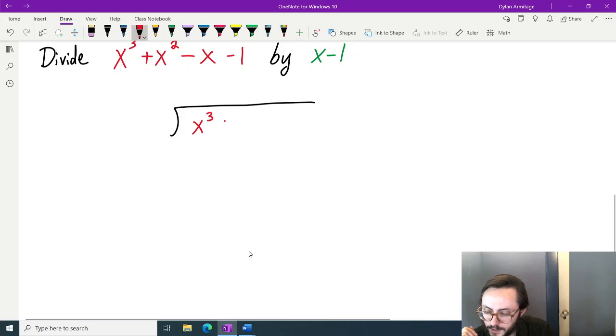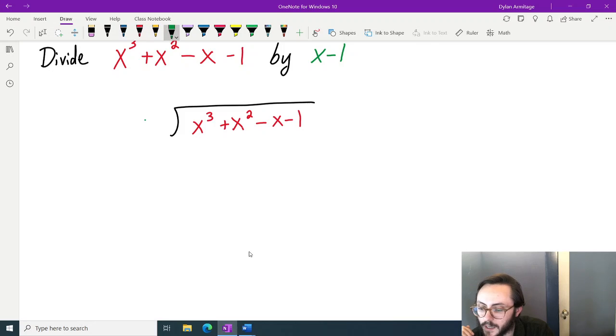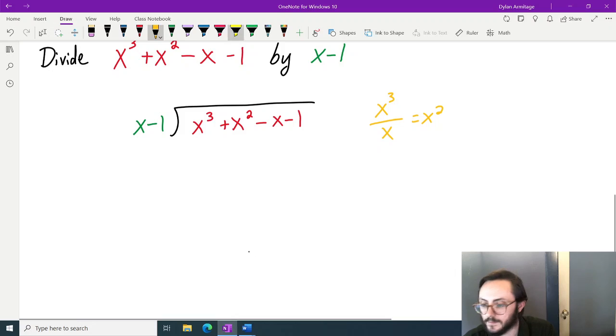X to the third plus x squared minus x minus 1. And we are dividing by x minus 1. Okay. X cubed divided by x. X squared. Okay. Off to the same start as we were before.